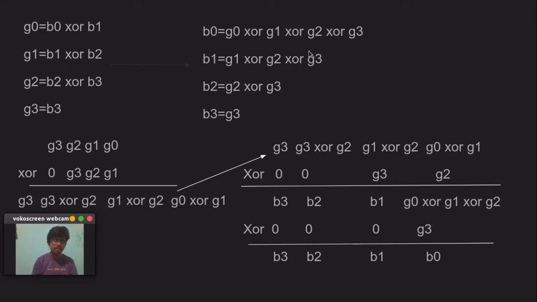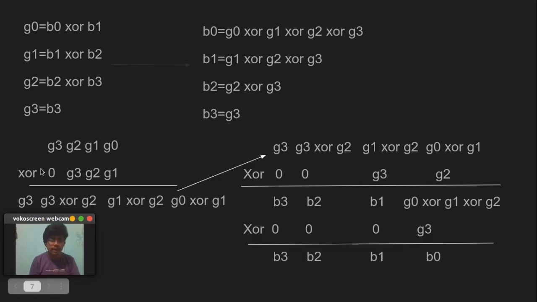So to get the binary number from the gray code, we initially have the gray code of 4 bits, that is G0, G1, G2, G3. Now first we take the right shift of the number, that is 0, G3, G2, G1, and by taking the XOR of these two numbers we get G3 XOR 0, that is G3, G2 XOR G3, G1 XOR G2, G0 XOR G1.